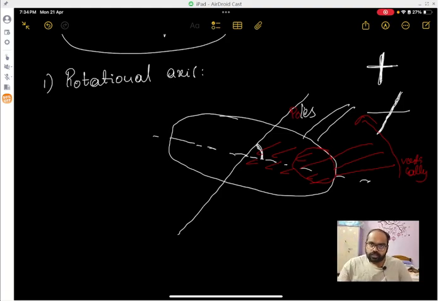So as we move from the equator to the poles, the polar region is tilted away from the sun, and the equatorial region is tilted towards the sun, right? As the polar region is tilted away, it receives the sun's rays obliquely.